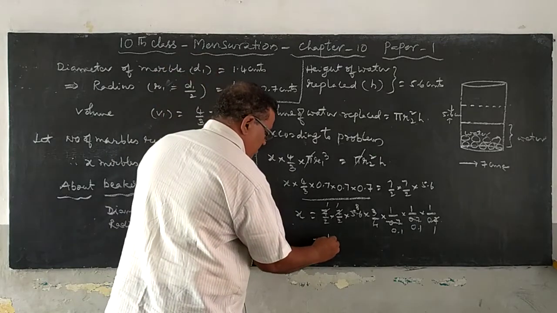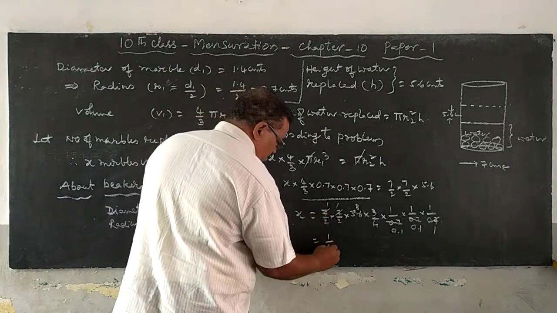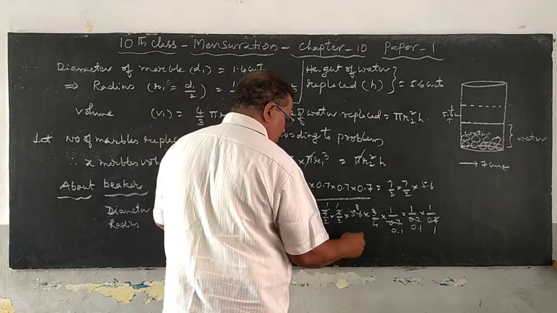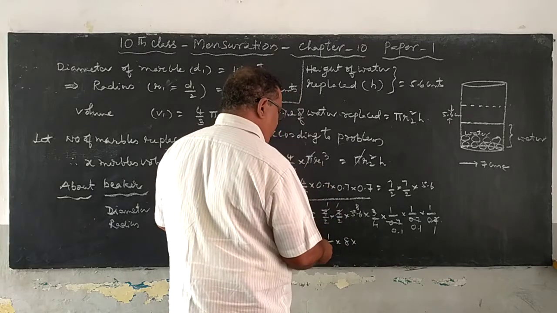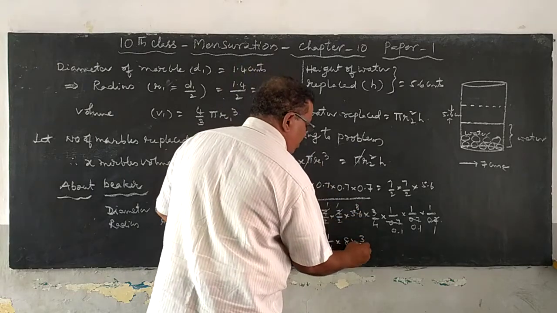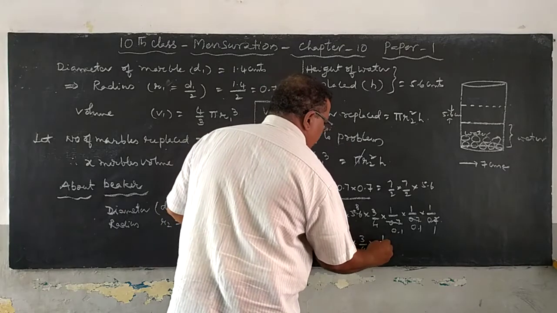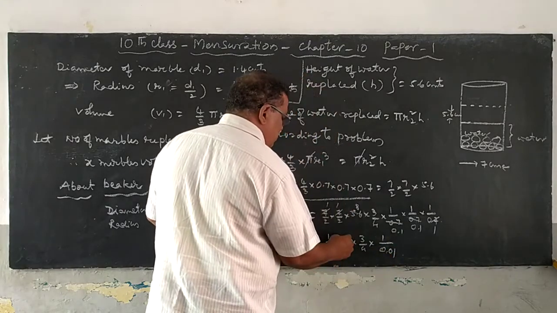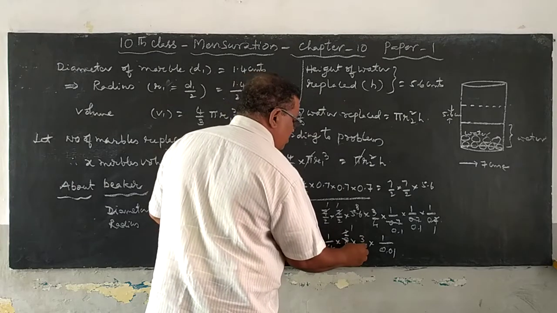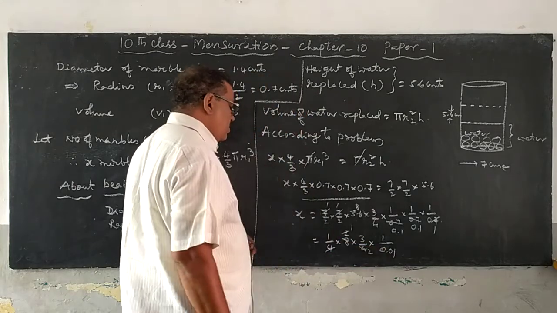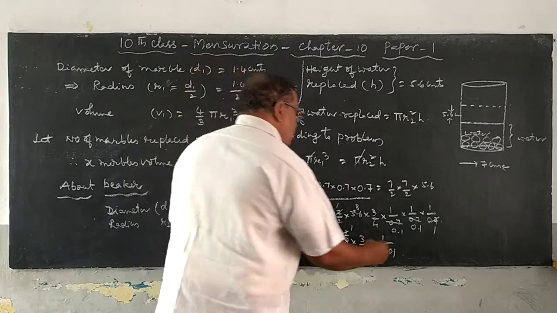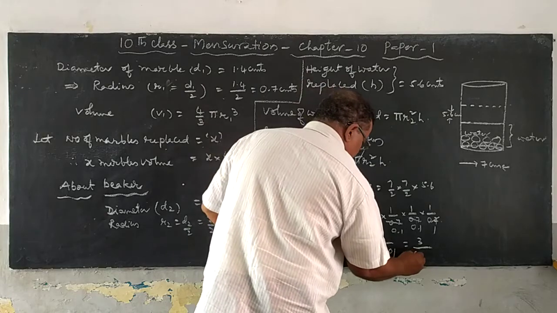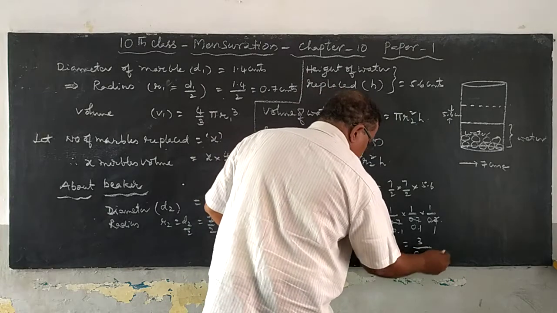So that is 1 by 2 into 1 by 2, 1 by 4 into 8 into 3 by 4 into 1 by 0.01. 4 ones, 4 twos, 2 ones, 2 twos, that is 3 by 2 into 0.1, 0.002.